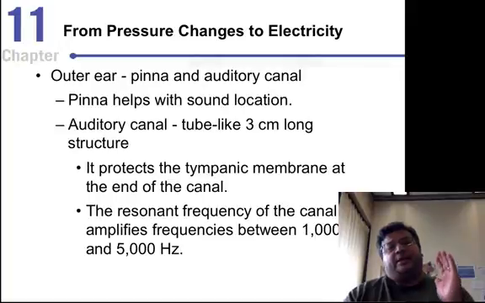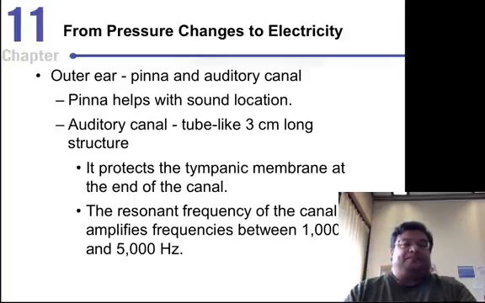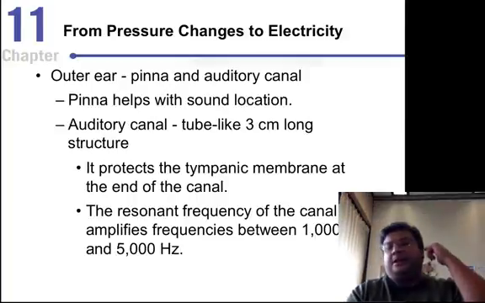It's a frequency where it resonates the best, and the resonant frequency of our auditory canal is between 1,000 and 5,000 hertz, which is, of course, the range of normal spoken speech, right? Which makes sense. So we hear best between 1,000 and 5,000 hertz, and our auditory canals are tuned to carry sounds within that range.